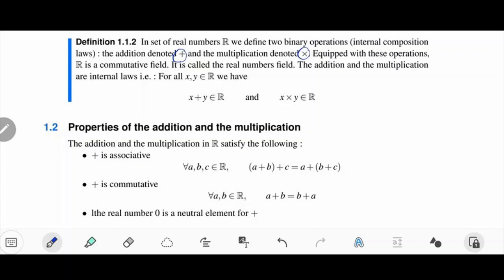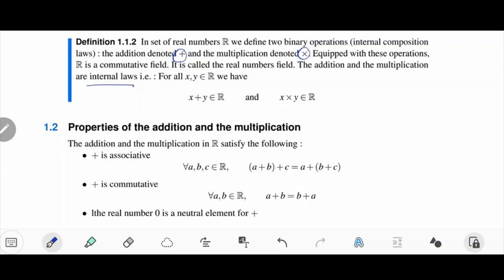So now we'll take the most natural definition that you already know of plus and times. And later in algebra, you will find out how to define this kind of binary operations. We call them binary operations. So we define now the addition and the multiplication of two elements in R, and these are defined as being internal laws.